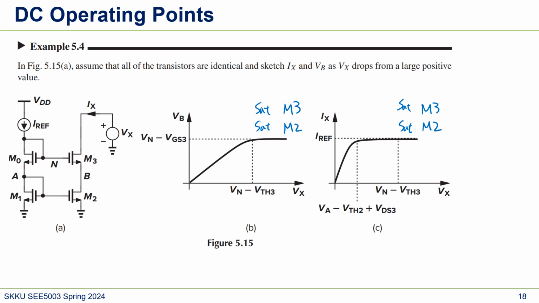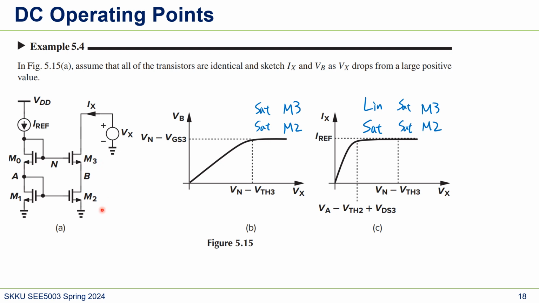And if we decrease Vx, then we need to figure out which NMOS will go triode, go linear first. I think that's the key point of this example. So the answer is M3 will go to linear region first, and M2 will stay in saturation further.